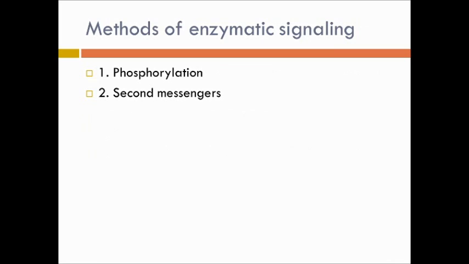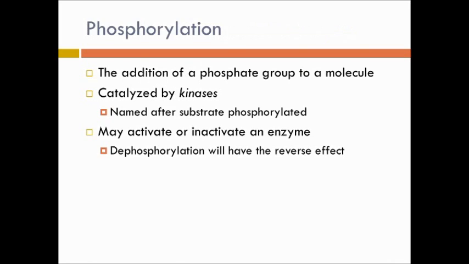So there are 2 different ways that enzymes can amplify these signals: phosphorylation and second messengers. Phosphorylation, as we've talked about before, is the addition of a phosphate group to a molecule. Generally, this is catalyzed by the enzyme kinase. And usually the enzyme is named after the substrate it's phosphorylating. There are some exceptions to this rule.